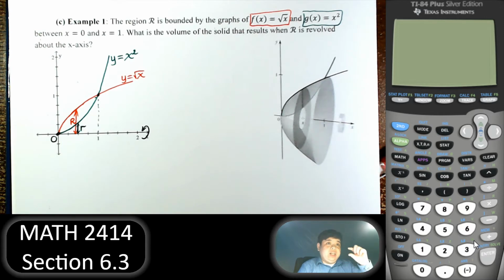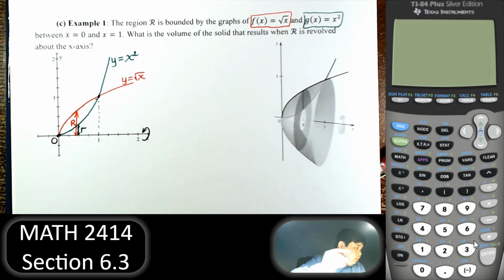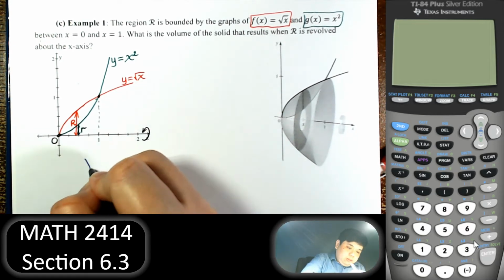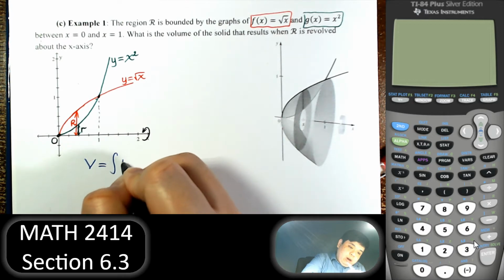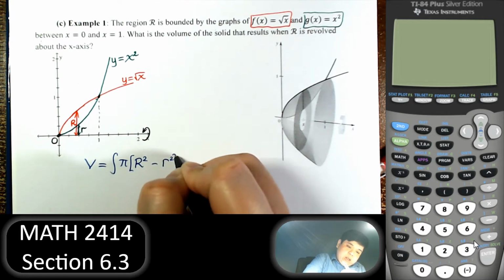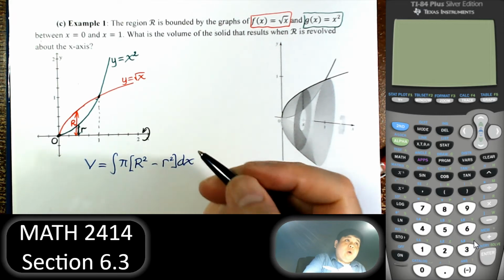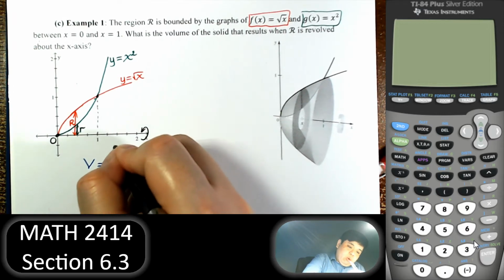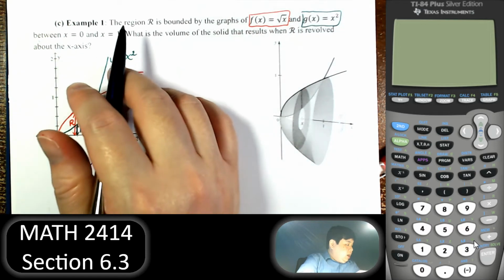So if there is an inner edge, the inner radius, if there is the hollow region, this is the washer method. So the volume is equal to pi times big R squared minus little r squared dx. This one we know going from 0 to 1 because the question says so.